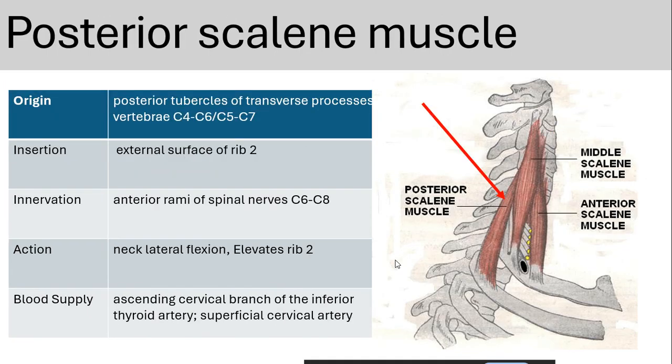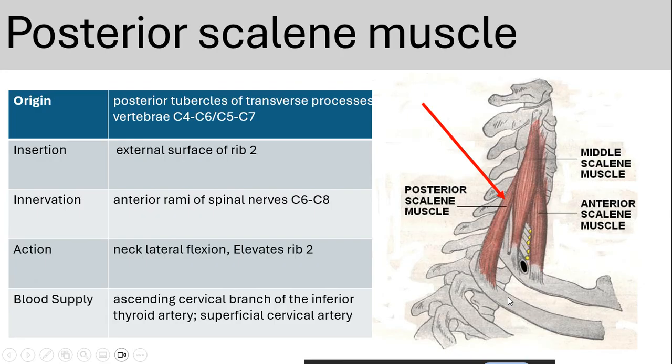Posterior scalene muscle: origin is the posterior tubercles of transverse processes of vertebrae C4 to C6, C5 to C7. Insertion is the external surface of rib 2. If this is the posterior scalene muscle, this is rib 2, the external surface of rib 2.